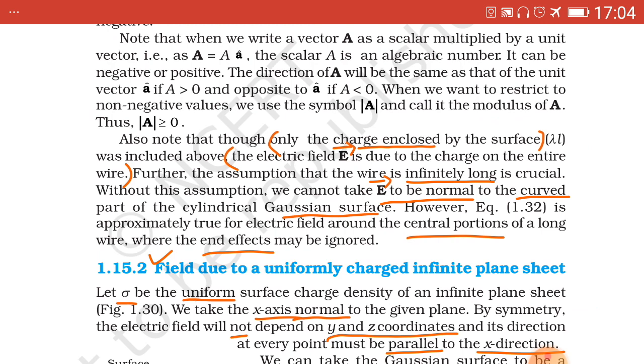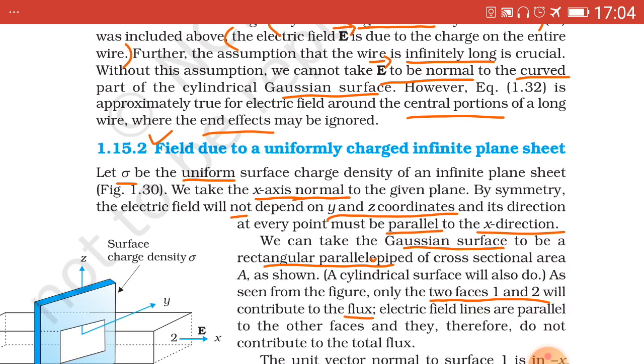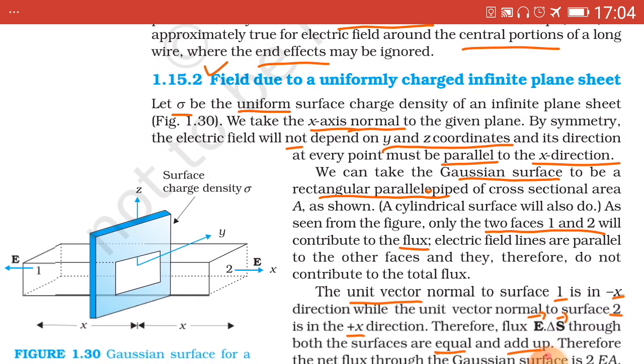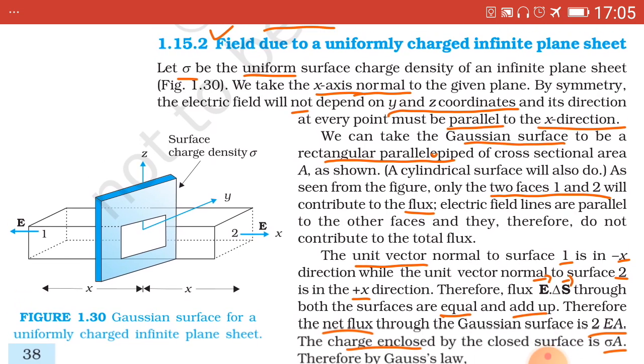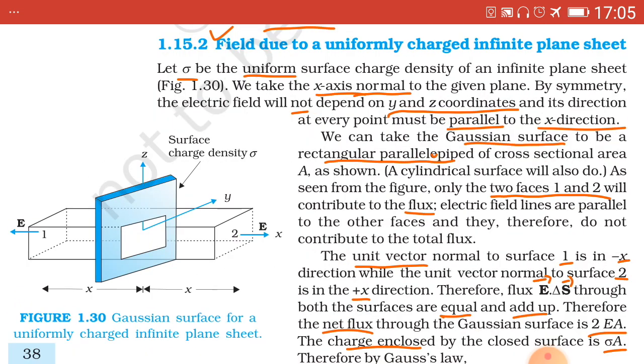Now the next topic, that is, field due to a uniformly charged infinite plane sheet. Here also we are to calculate the electric field intensity. Refer to the figure given beside.